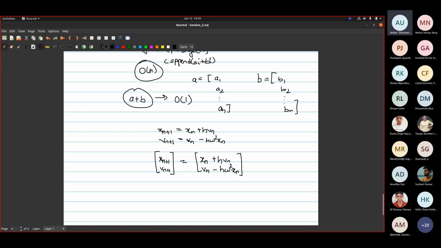You can see that both of these expressions are linear combinations of x_n and v_n. Whenever we have this kind of system of linear combinations, we can always break it up into a matrix multiplying a vector. What is this matrix? We can figure that out very easily: here it is 1, this is h, this is 1, and this is minus h omega squared.